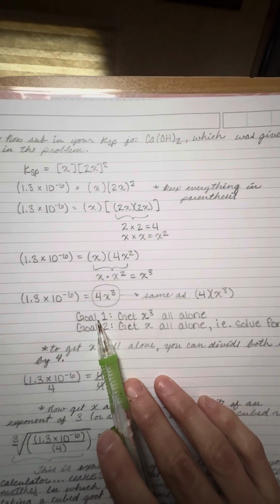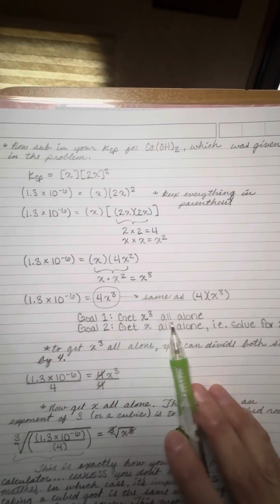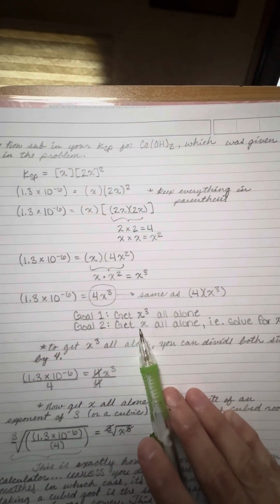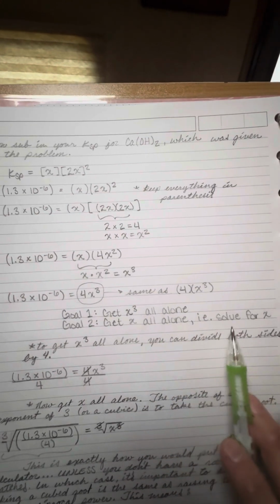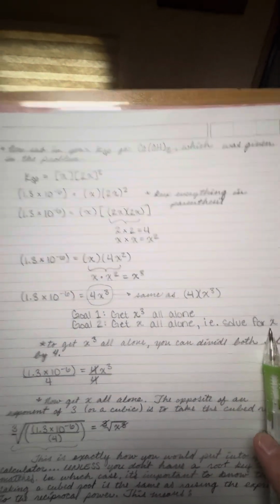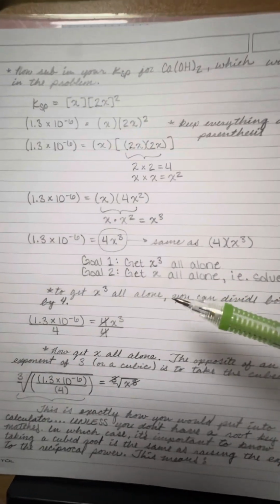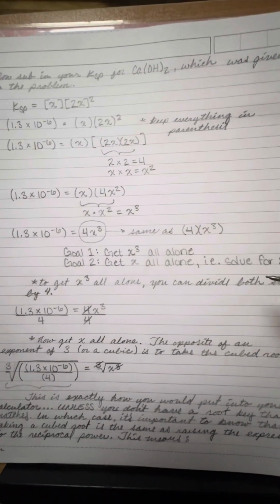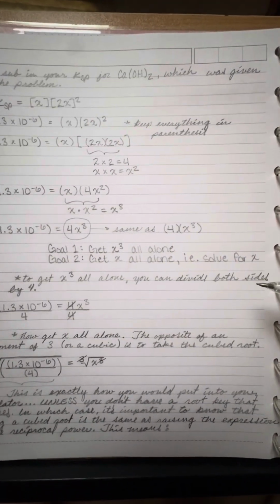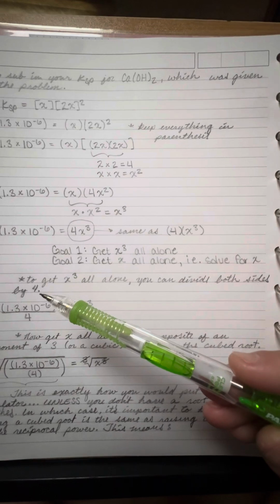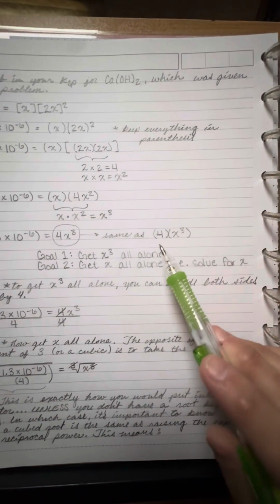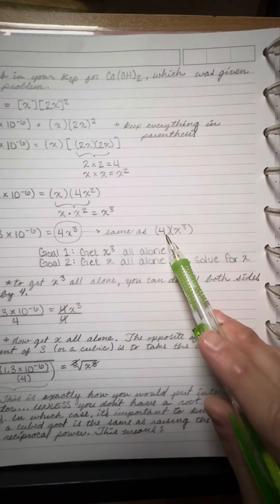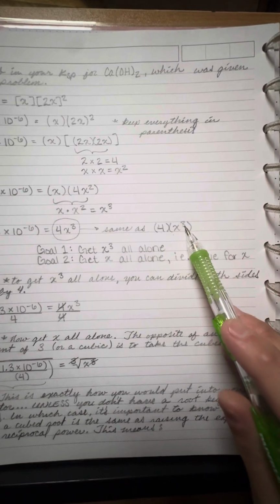Our goals are to get x cubed all alone, then to get x all alone, i.e. solve for x. All right, so to get x cubed all alone, you can divide both sides by 4. Why? Boom. It's the same as saying 4 times x cubed.